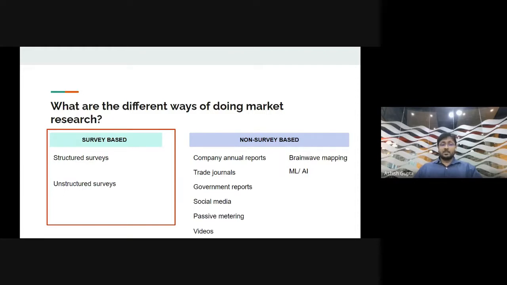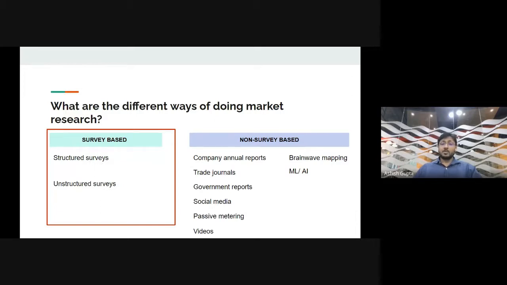And unstructured surveys are something which is more qualitative or exploratory in nature, wherein as and when you proceed with the discussion with the consumers, you mend your ways in terms of how you ask the questions to really get to the depth of why consumers are saying or doing certain things that they're doing.